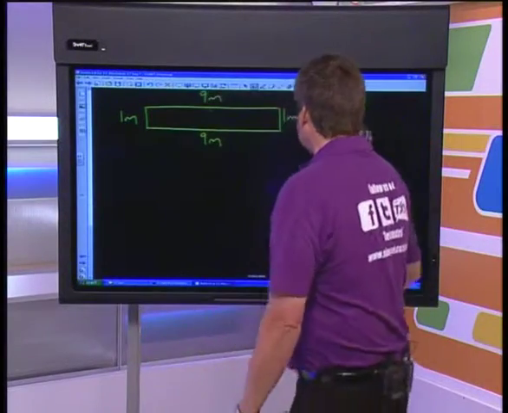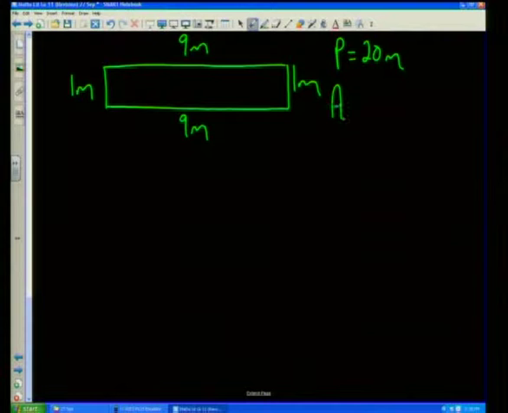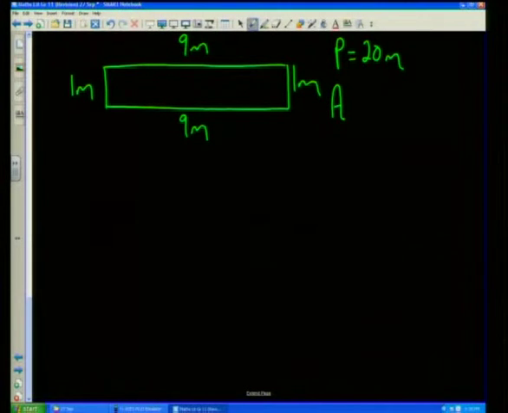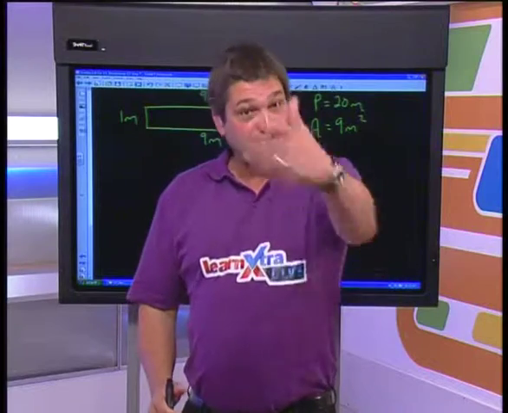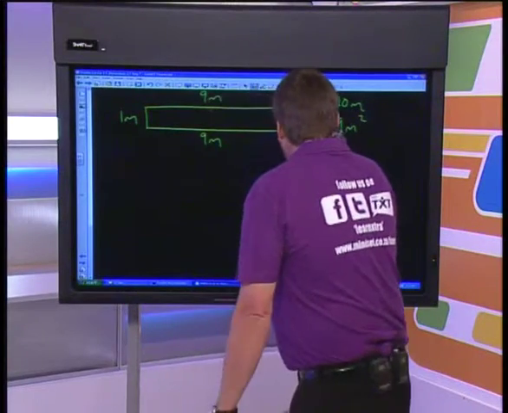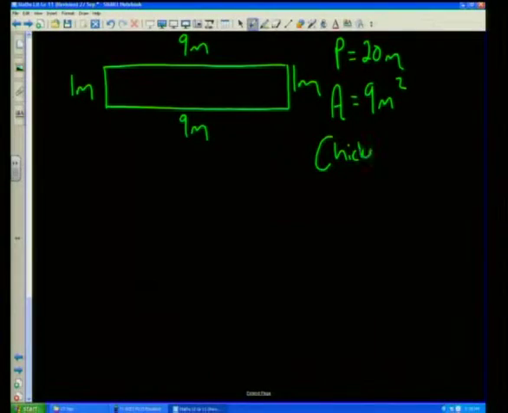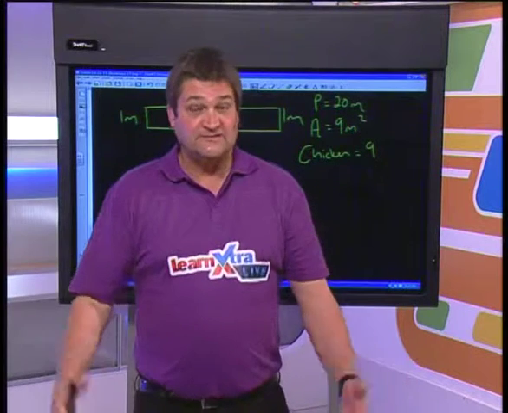Area is length times breadth. 9 times 1 is going to give me 9 meters squared. I have 9 meters squared, so I can have 9 chickens. We've got 9 of the little guys. And that kind of makes sense.